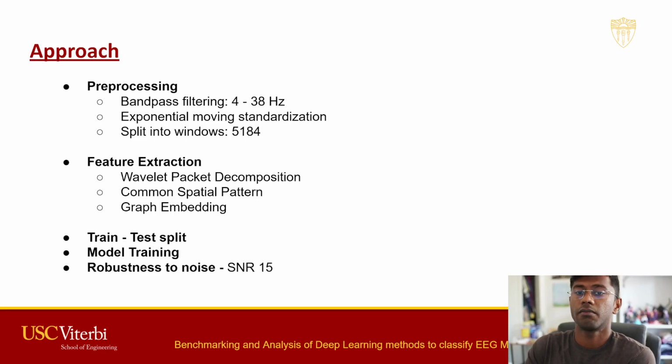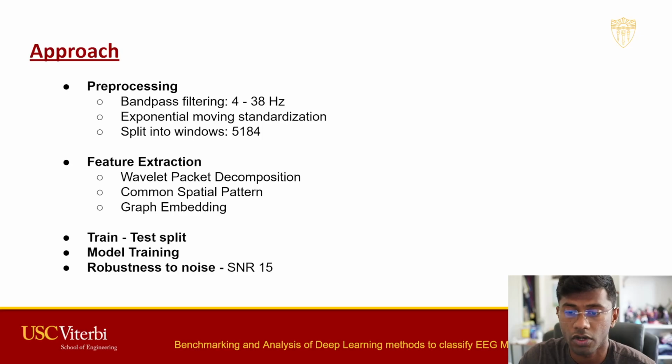Feature extraction could be wavelet packet decomposition, where we pass the discrete time signal through more filters and generate wavelet packets based on the frequency ranges within the 4 to 32 hertz or 4 to 38 hertz range that we choose.